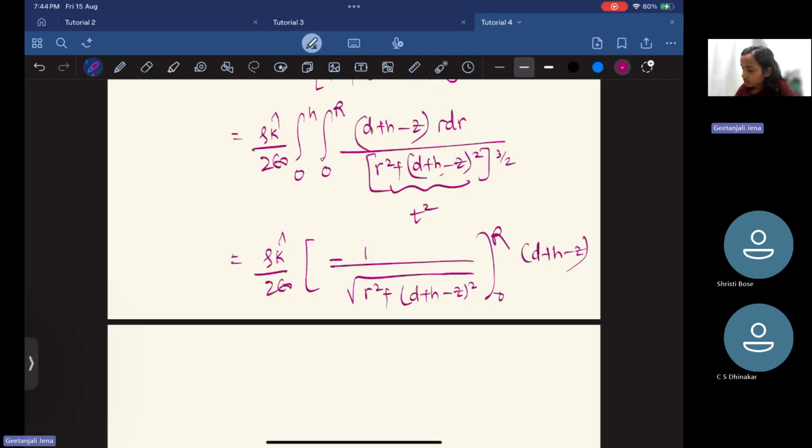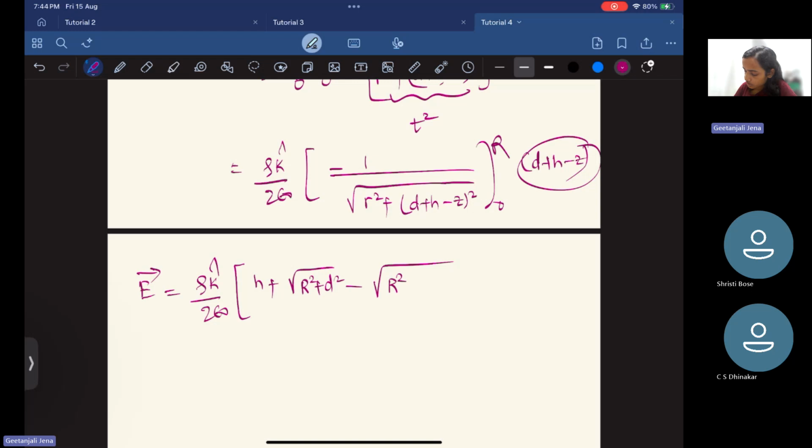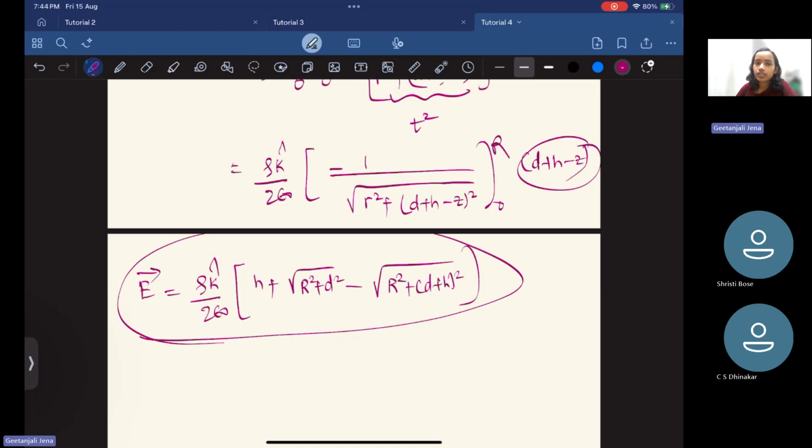So finally, just check: it is just putting the limits and multiplying by d plus h minus z. You will eventually get the electric field that we have seen before. So this will be rho k cap by 2 epsilon naught times h plus square root of r square plus d square minus square root of r square plus d plus h square. Okay, so this is the other method of finding the electric field.